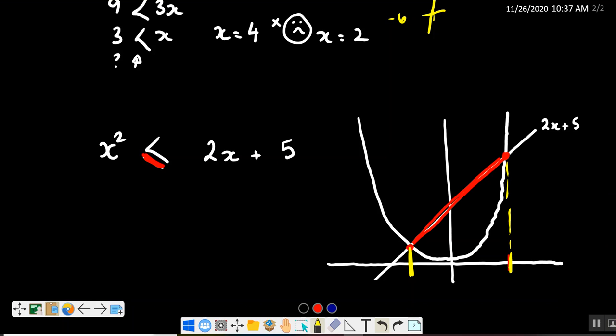So how would I write the inequality solutions to that? Well, let's try and solve x squared equals 2x plus 5. We'd get 2 answers, wouldn't we? Do you know how you would do that?